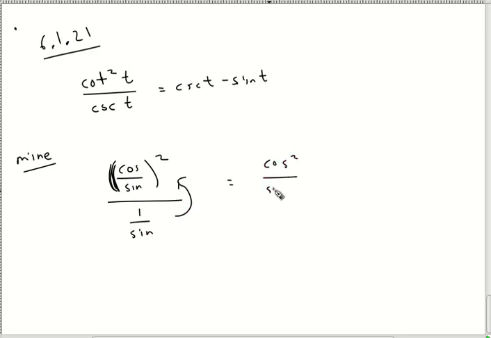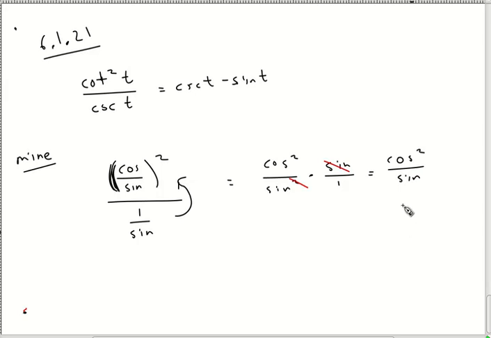So I got cosine squared, sine squared, and when I flip it, I'll get a sine over 1. Well, what happens now is I cancel one of these sines right here. So now what I have is a cosine squared in the top, and I have one sine in the bottom.